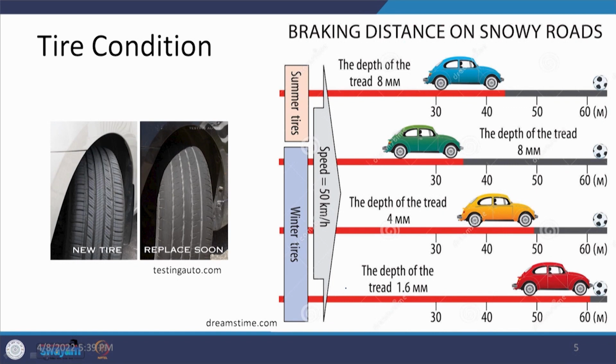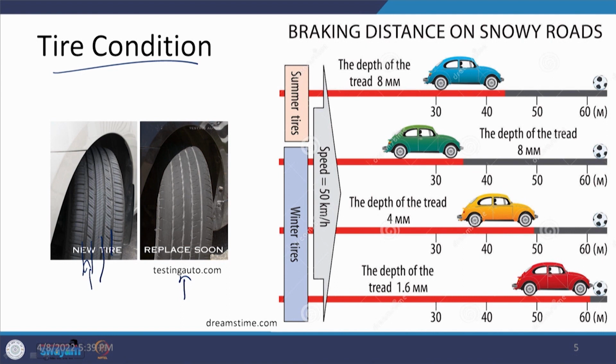Now, the first thing taken here is related to the tire condition, and we see here two types of tires. One is a new tire where you can very clearly see the grooves which have been created. So, we have the grooves along the rim or across it, and this is going to provide a sort of grip depending on what type of surface the tire is moving on.